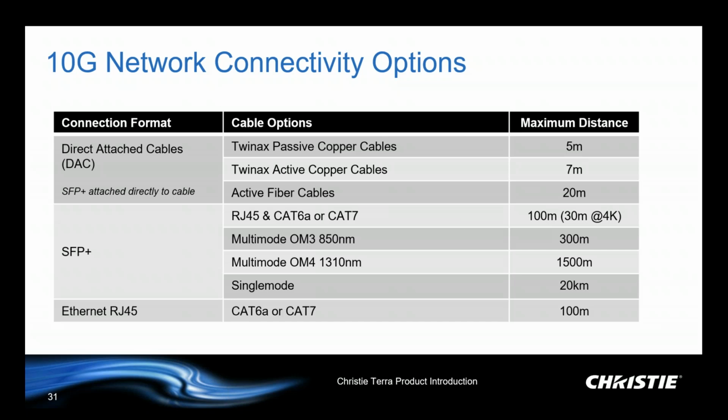It won't work on Cat 5. It needs to be Cat 6A or better. In terms of multimode, OM3 and OM4, you can get between 300 meters and 1500 meters. And what's being used more and more now is single mode fiber, which goes up to 20 kilometers.